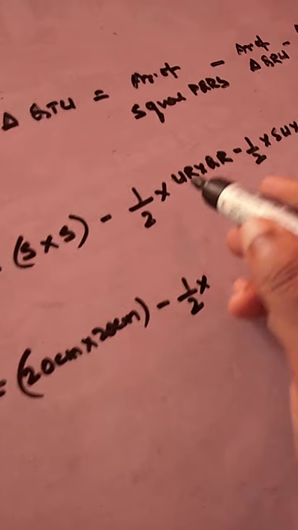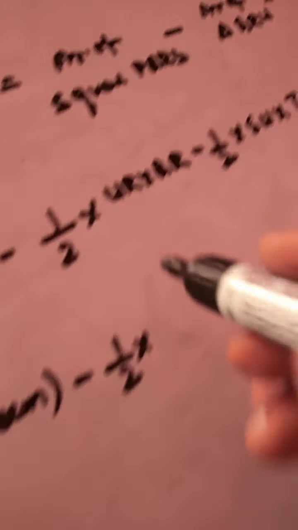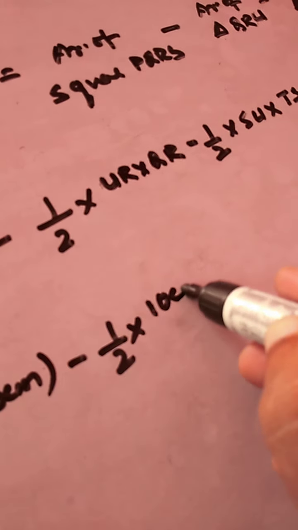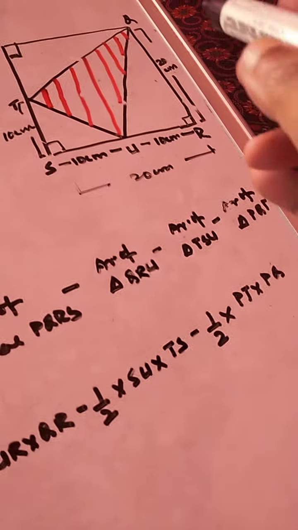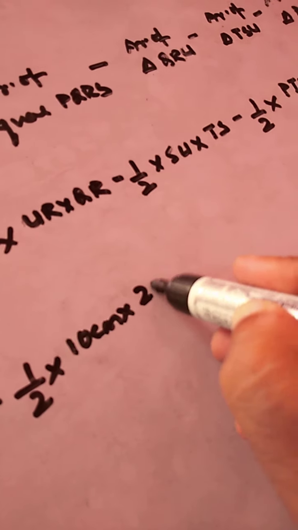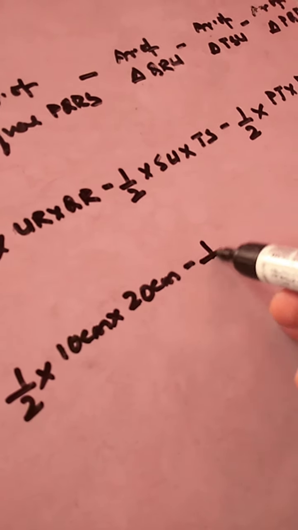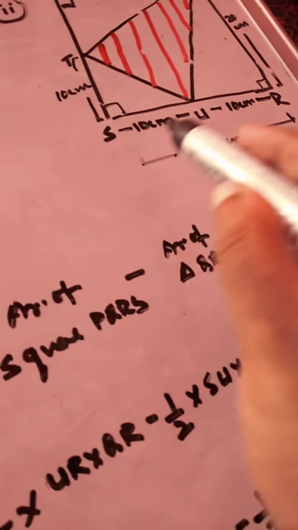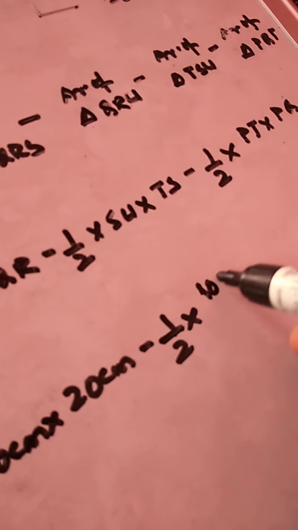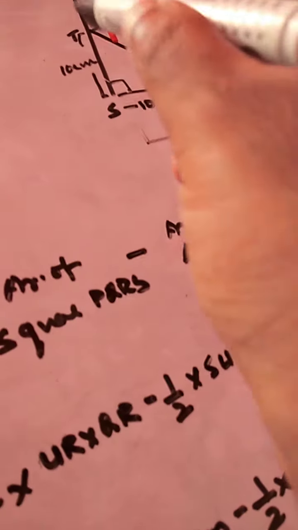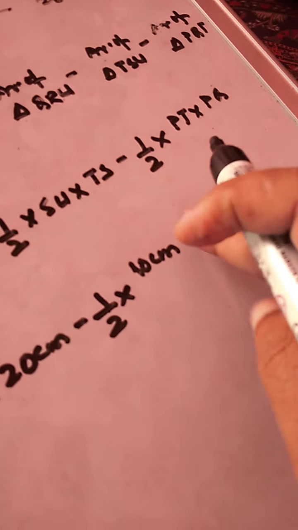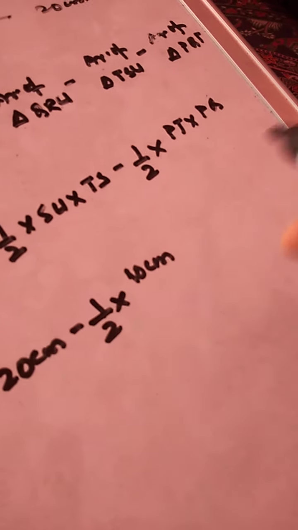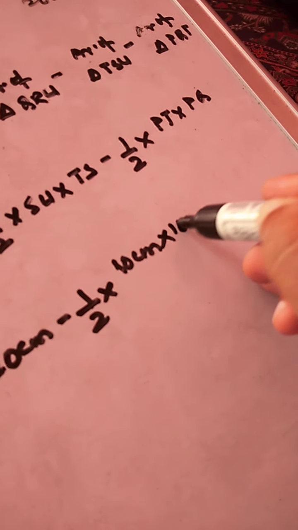Half into what is UR, students? UR is 10. So we'll write 10 centimeter. And what is QR? QR is 20 centimeter. Now again, half into what is SU? SU is 10 centimeter. And what is TS? TS is also 10 centimeter.